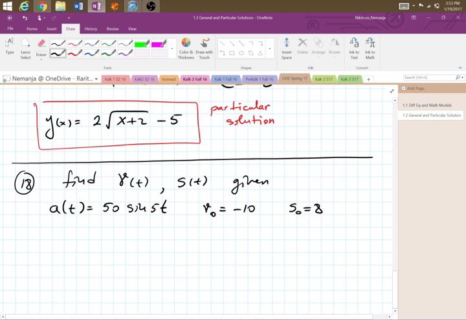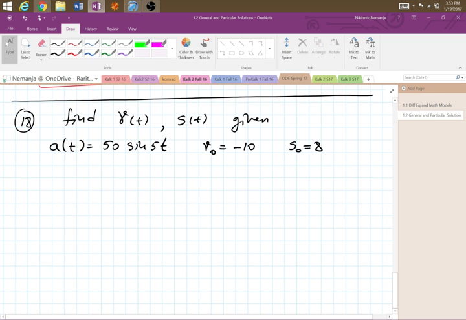Have fun. This is v. It looks like an alien letter.